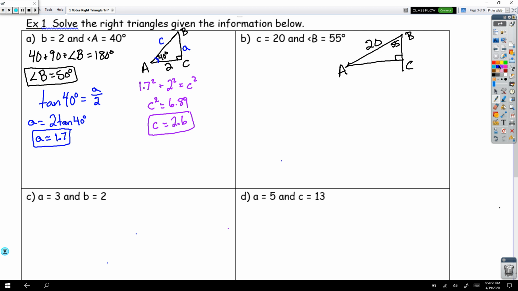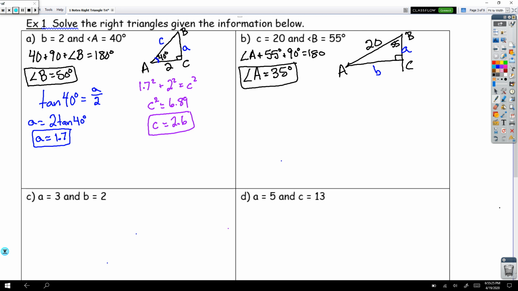And I'm going to have to find side A and side B. But let's start with finding angle A. So angle A plus angle B plus angle C all have to add up to 180. So that means that angle A is 35 degrees.